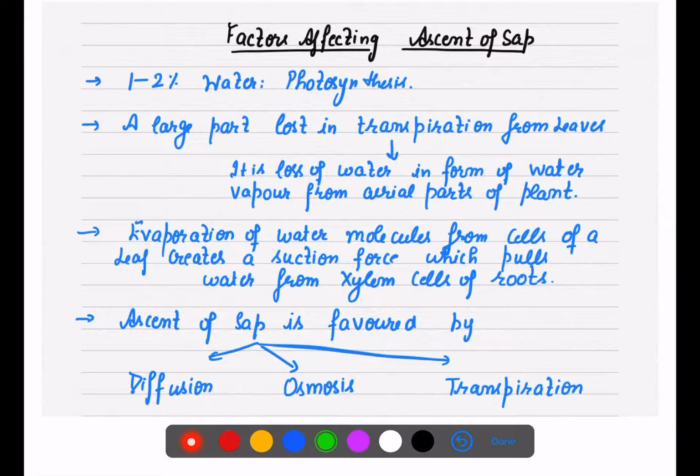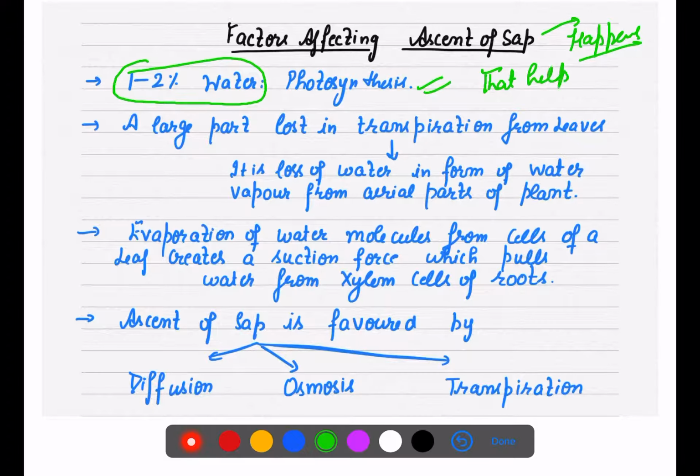Next is how this ascent of sap actually happens. There are factors which promote this ascent of sap. First is photosynthesis. In photosynthesis, 1 to 2% of water is used. That helps to pull, helps to take up water from roots.